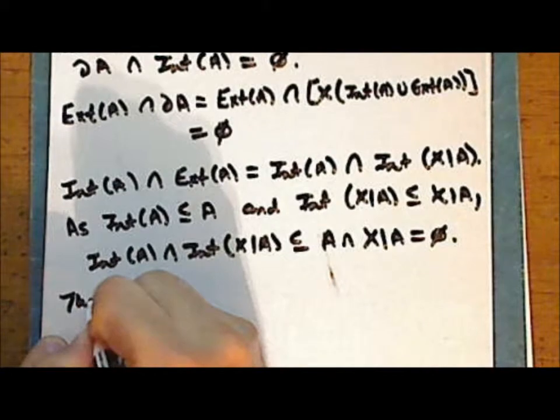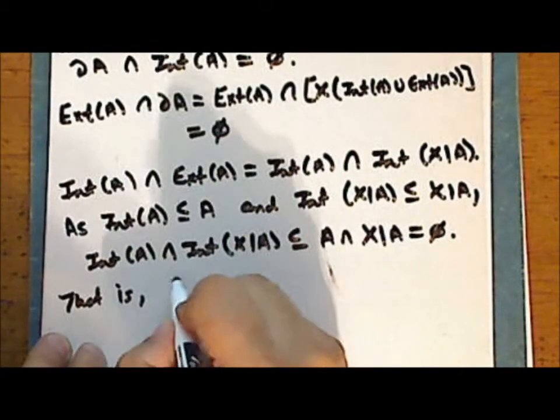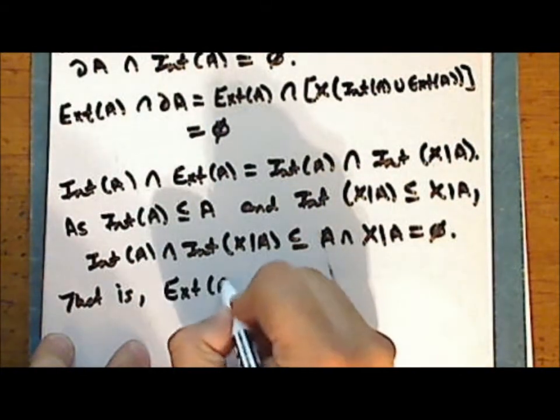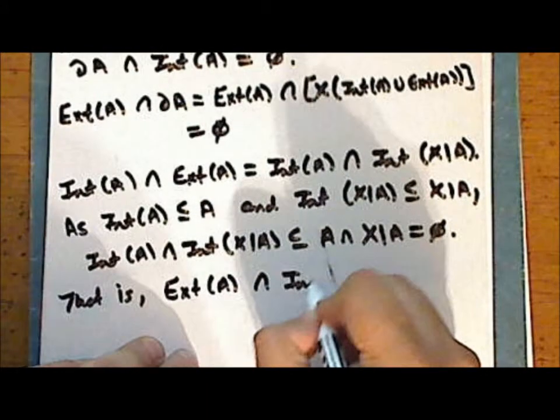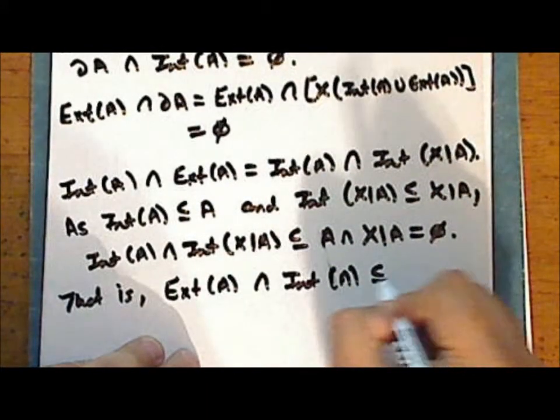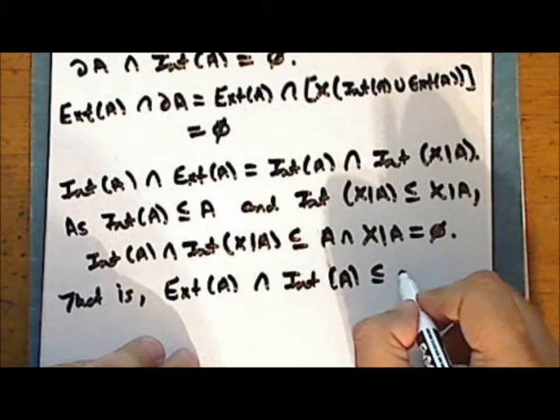That is, the intersection of the exterior of A with the interior of A is a subset of the empty set.